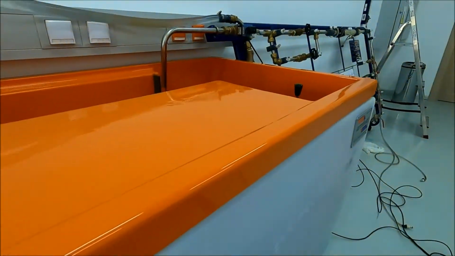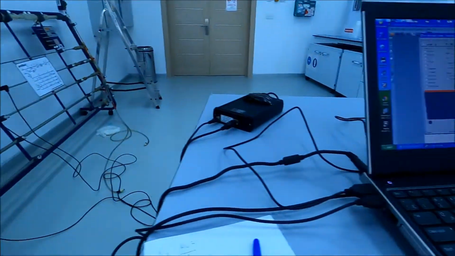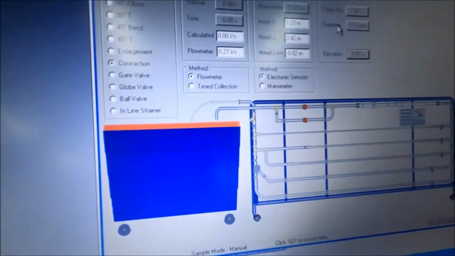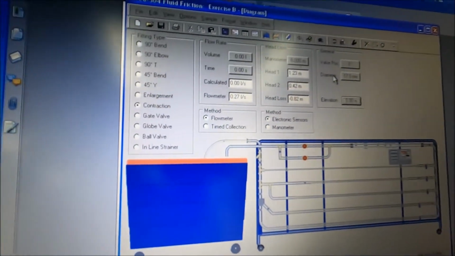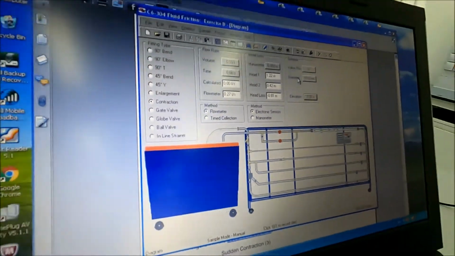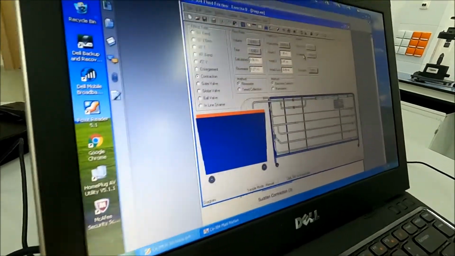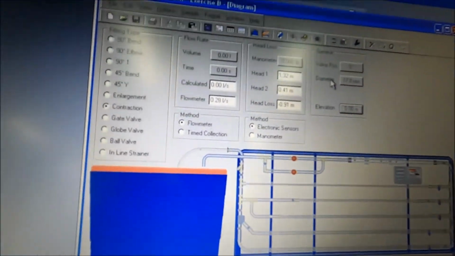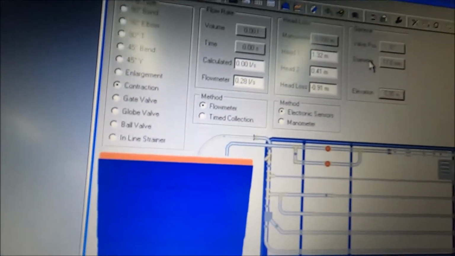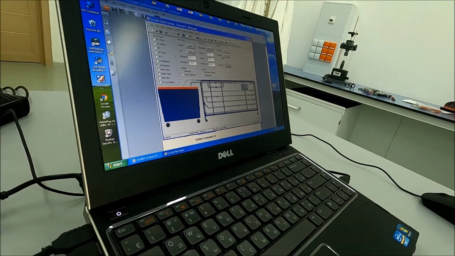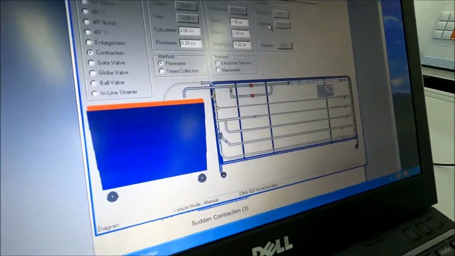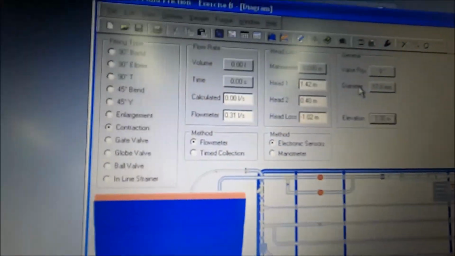Let's increase again. Right now it's 0.31.